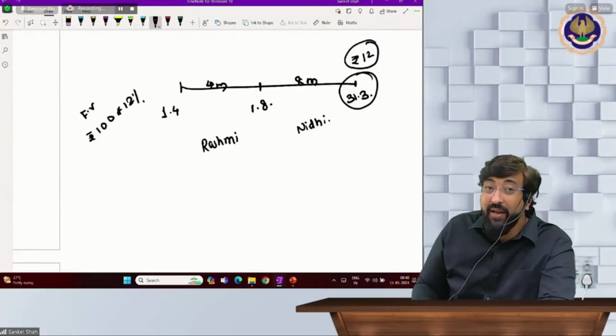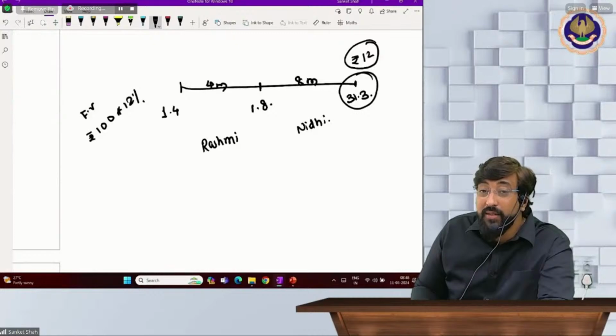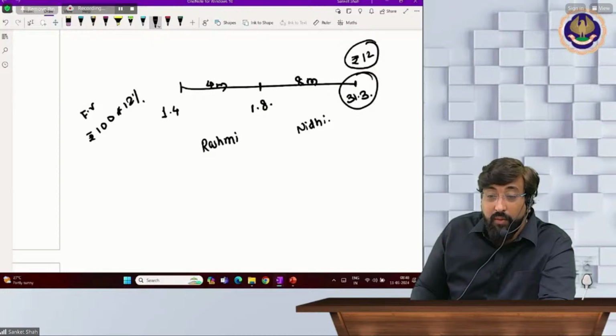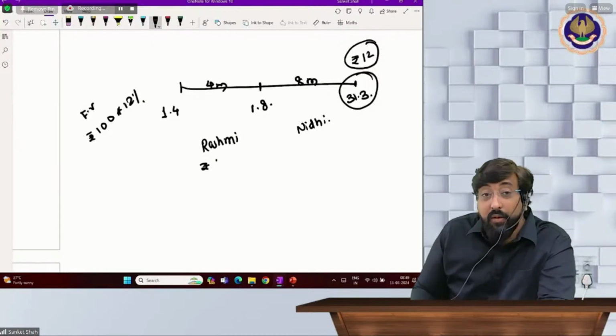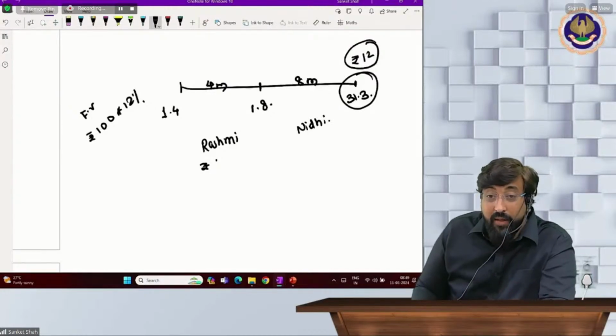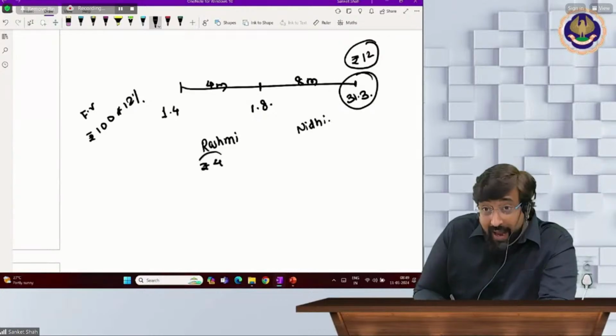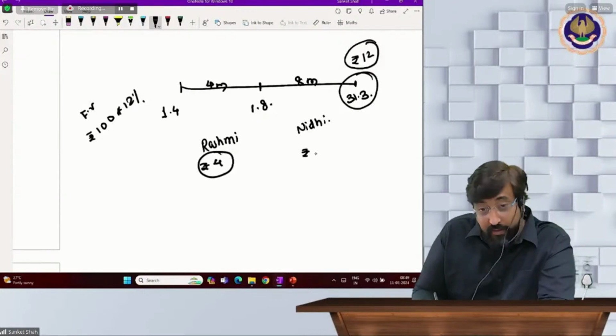So practically, who should get the interest? Sorry, logically, who should get the interest? So me. Okay. So you should get the interest. Logically, both of you should get the interest, no? Yes. But company is paying you only 12 rupees. So Rashmi may ask you to pay 4 rupees.